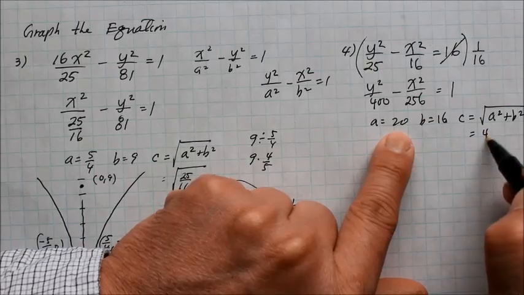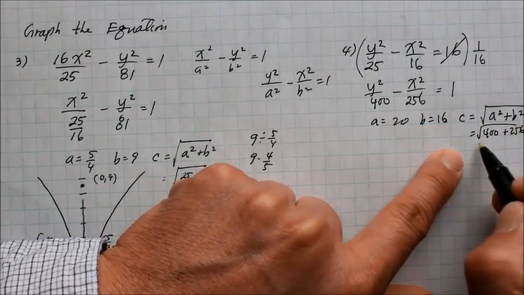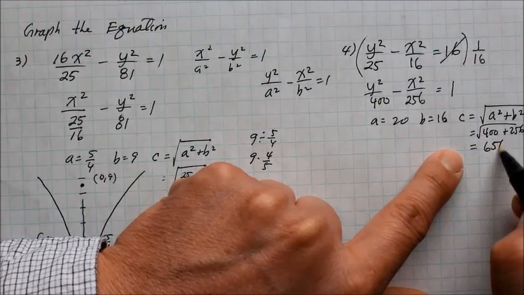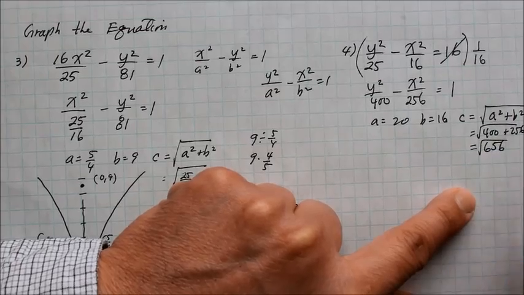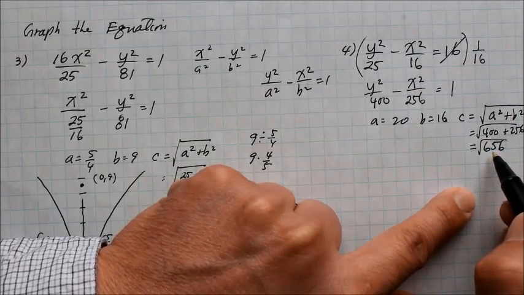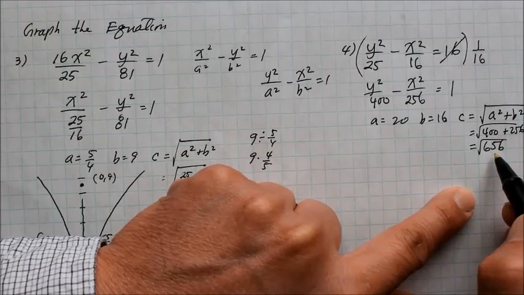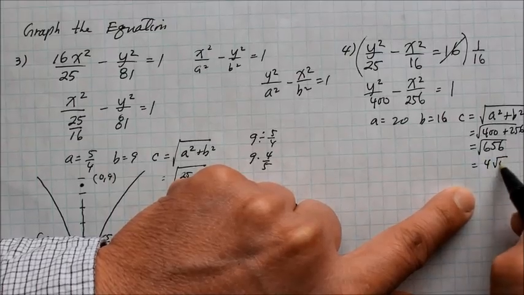A squared is 400. 16 squared is 256. So if I add those two numbers, we get 656. And let's see, 656, I know they're divisible by 16. 16 times 41. So 16 comes out as a 4, square root of 41.